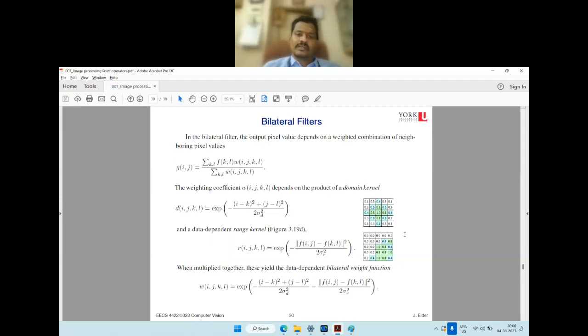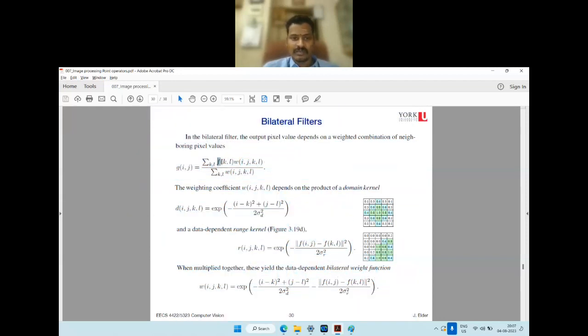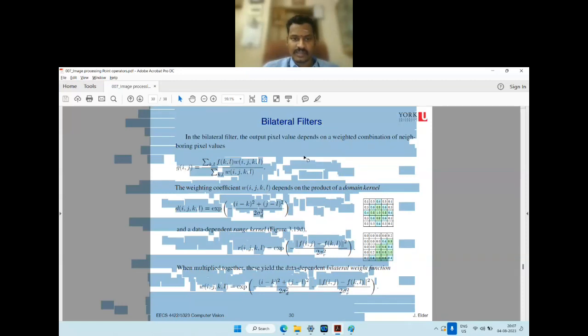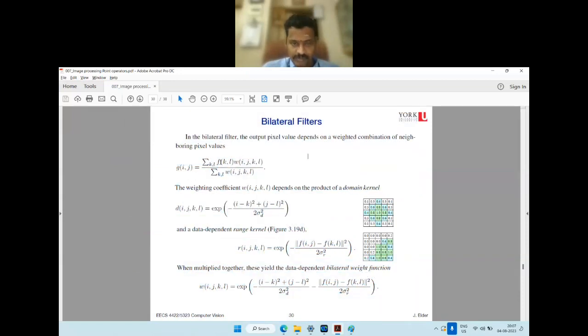In this bilateral filter, the output pixel value depends on the weighted combination of the neighboring pixel values. At the same time, we will also see the weighted combination in 4 possible directions. For a given image f at a given pixel position k, l, we will apply a weight in all the 4 directions i, j, k, l.